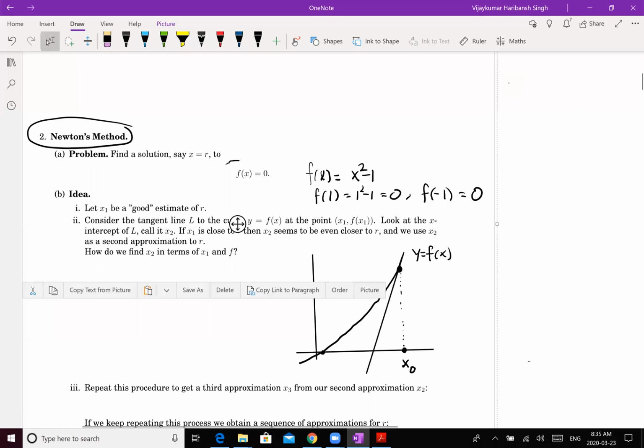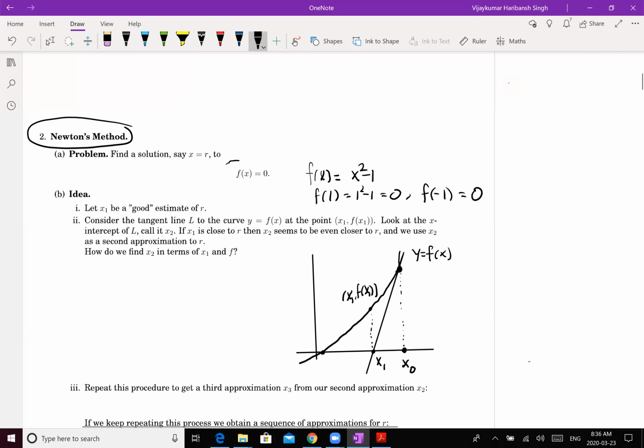Suppose this tangent line cuts your x-axis at x1. So this is your new iteration. Then you again go back to the graph. This point is going to be x1, f of x1.